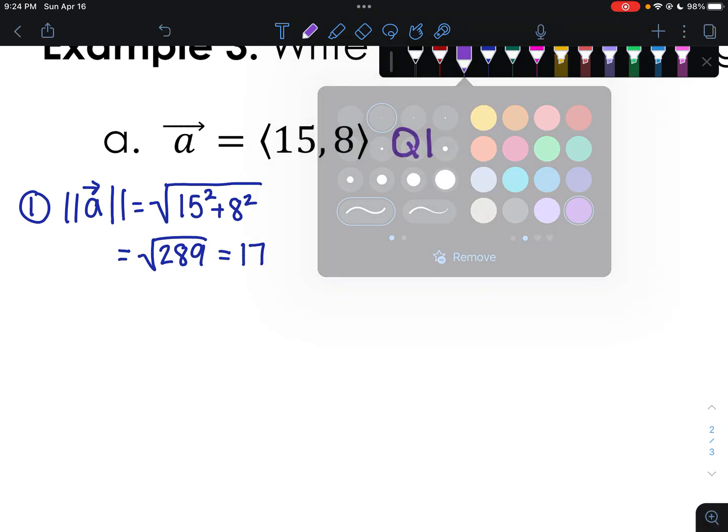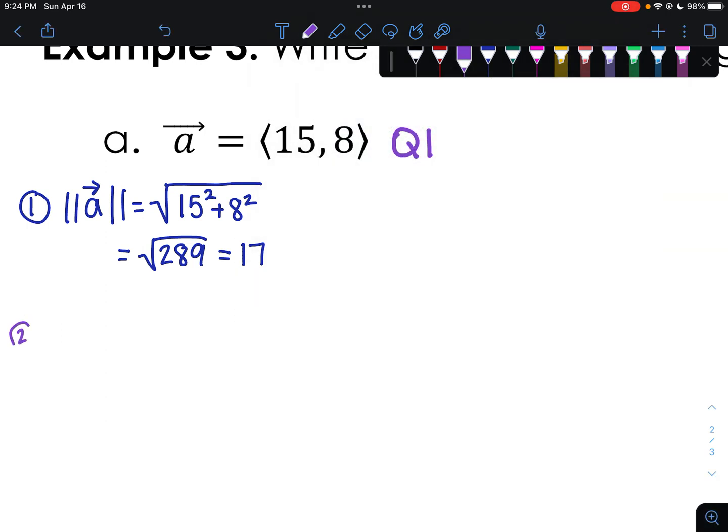Now comes step 2. Step 2, we find the direction angle. Remember, we already said that it was in quadrant 1. So to find the direction angle, we take tan theta equals B over A, so 8 over 15. In our calculator, we type in tan inverse of 8 over 15.